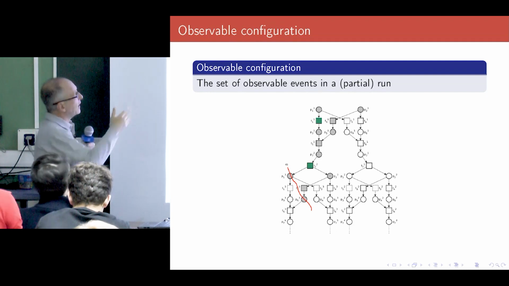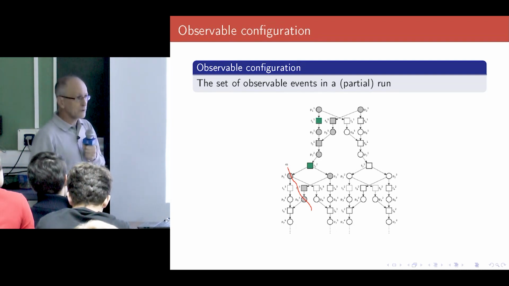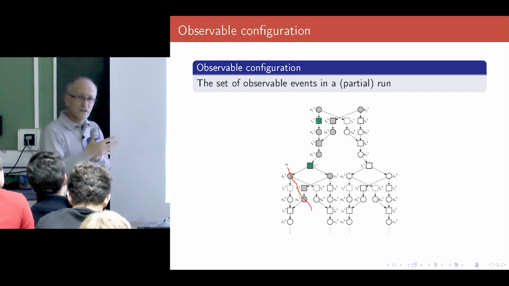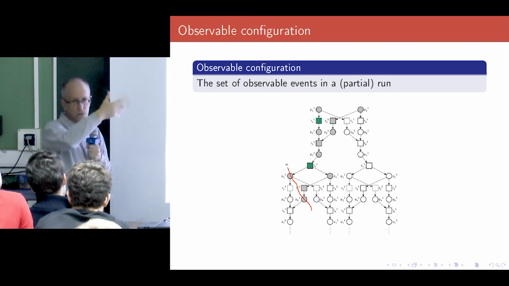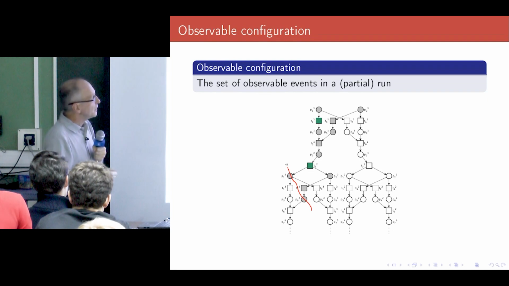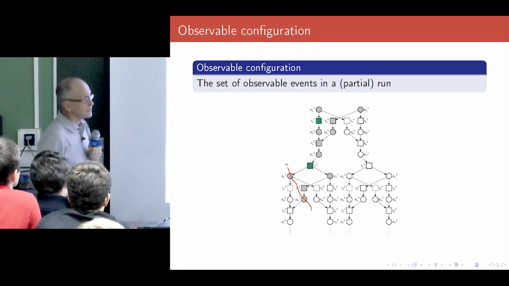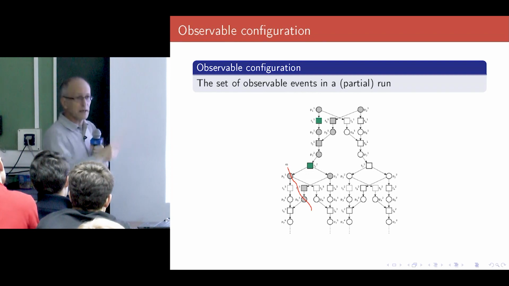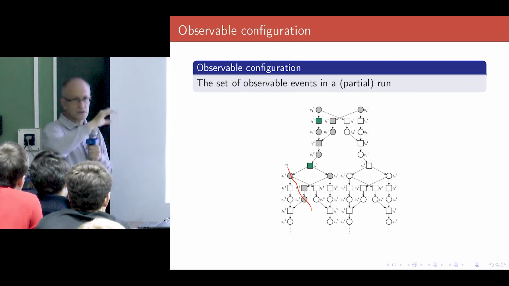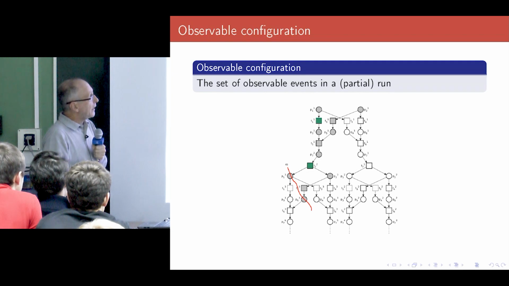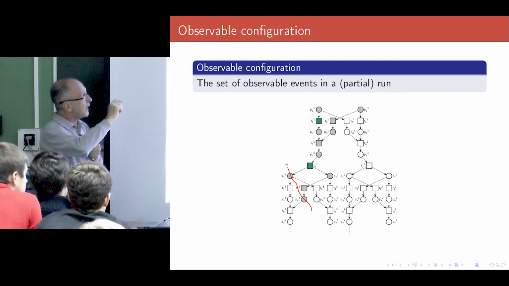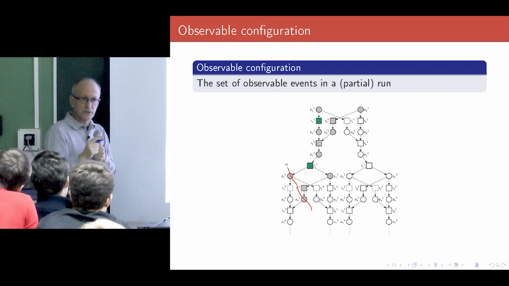So formally, we define the notion of observable configuration, which is essentially the set of observable events that have actually happened so far in a given history, so in a given partial play. Here, for instance, the gray elements of the net and the green elements form a partial run, something that has happened so far. It is not yet a full play, because it might continue. And the green elements are the observable elements.